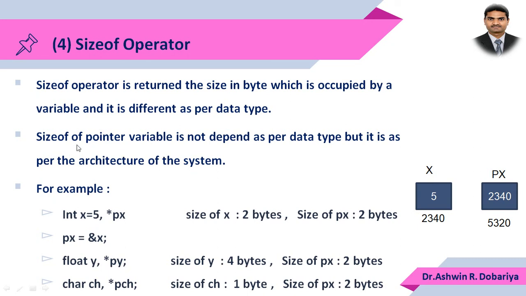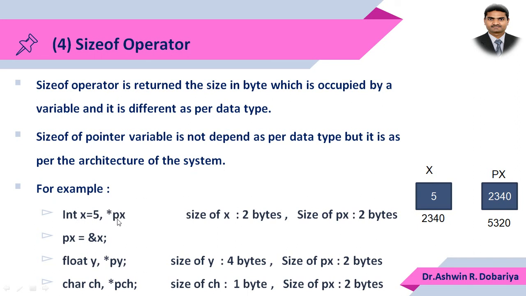But right now, the sizeof operator returns the size of a variable or a data type. Take an example: int x = 5 and int *px. Here x is a normal integer variable and px is a pointer. How can we know this is a pointer? Because a pointer variable is always declared with the asterisk symbol.